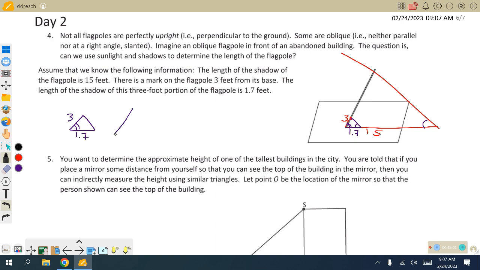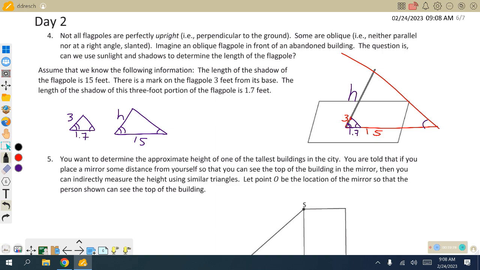Now my bigger triangle is going to be the height that I'm trying to find. This is the big length of the flagpole. Let me call that H right now. And what's the 15, right? And so that's what is happening here. AA similarity tends to be our go-to one that we pretty much do everything with.